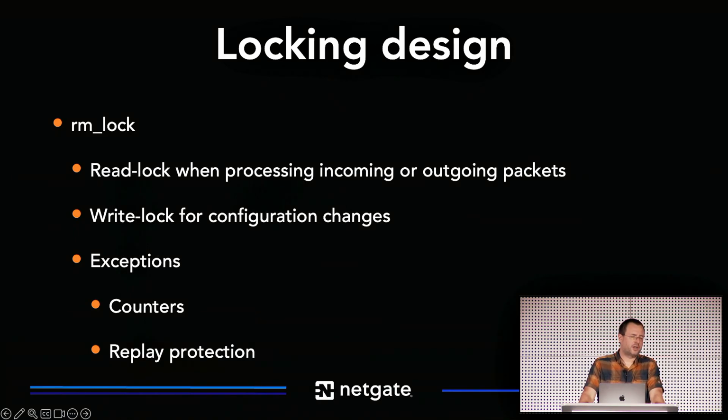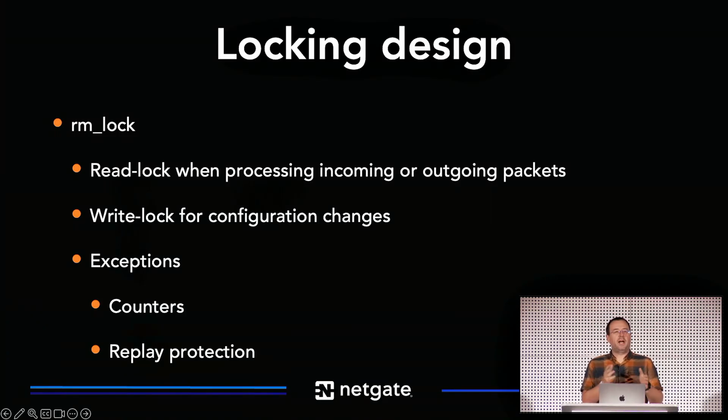What we have is an rm lock, which is a read-mostly lock, which is a read-write lock. So this is a lock where you can have multiple readers at the same time, but only ever one writer at the same time. rm locks are a FreeBSD notion. They are read-write locks, but they are optimized for the case where you have many more readers than writers. Just forget about that, it's a read-write lock.